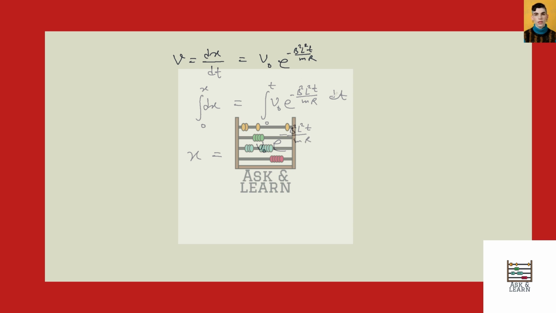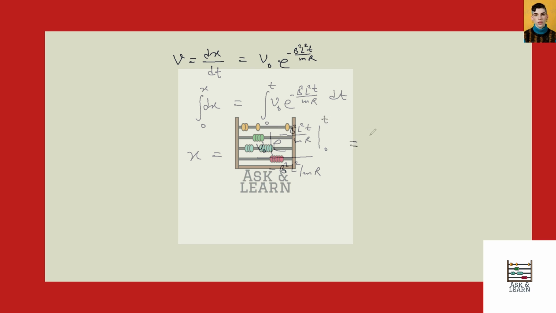Now this function as a power of this e will be differentiated with respect to time, and we will get here this minus B square L square by m times R, having the limits of time from 0 to t.